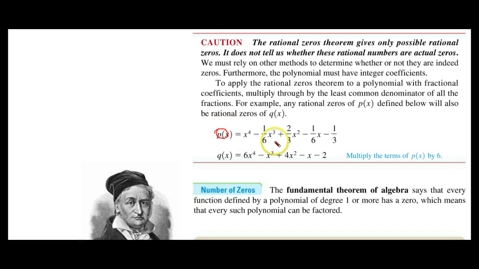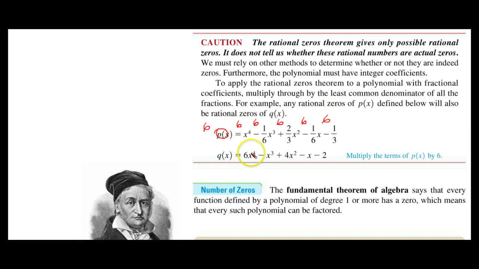To get rid of all our fractions in our denominator, the technique is to multiply each term by the lowest common denominator, which as we look at this is going to be 6. So if we multiply each, we're multiplying that 0 by 6 as well.